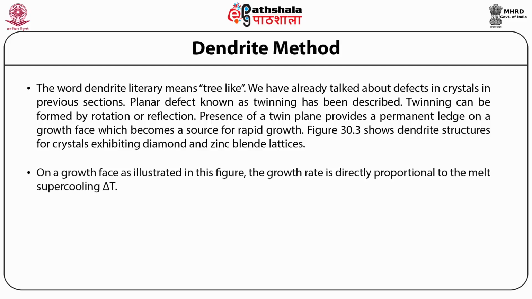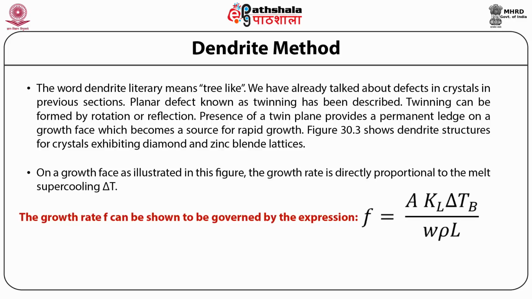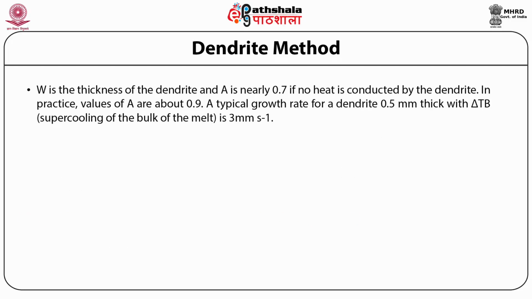On a growth phase, as illustrated in this figure, the growth rate is directly proportional to the melt supercooling delta T. The growth rate F can be shown to be governed by the expression F equal to capital A capital K with a subscript L, delta T_B over W rho L, where K_L is the thermal conductivity of the melt, W is the thickness of the dendrite, and capital A is nearly 0.7 if no heat is conducted by the dendrite.